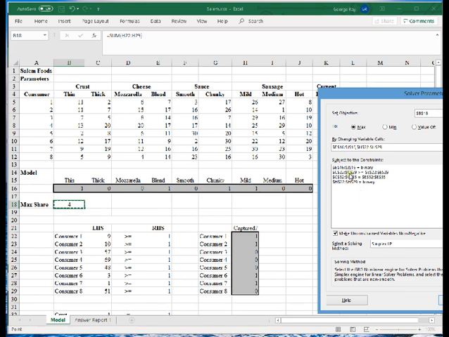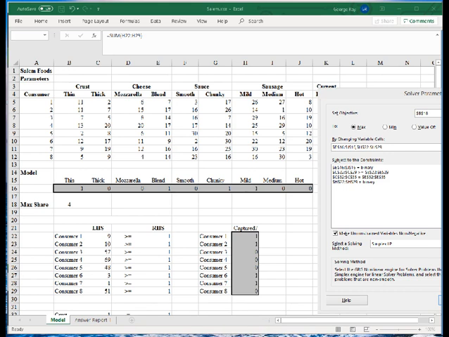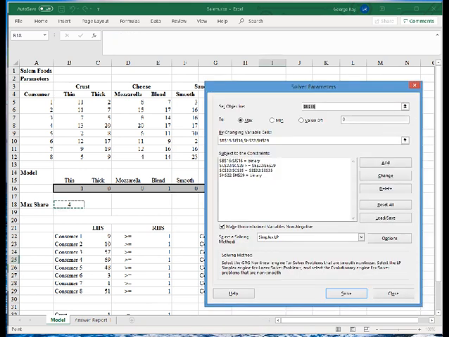We also have constraints that C22 through C29 are greater than E22 through E29. So let's take a look at these variables, C22 through C29.